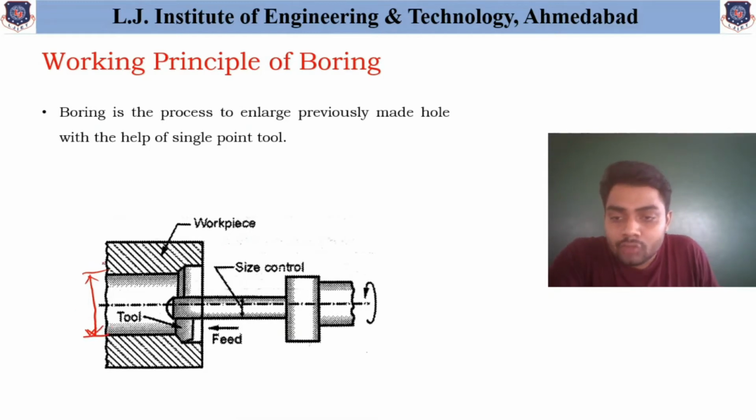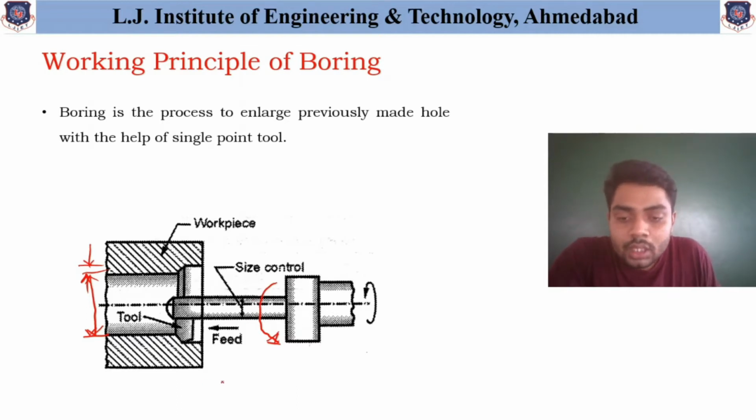Now if we want to increase the diameter by a certain amount, at that time this boring tool is used, and this boring tool is attached to a particular machine which rotates about a certain axis. So the primary motion for the boring process is the rotary movement of the boring tool. So the rotation of this boring tool is the primary motion.